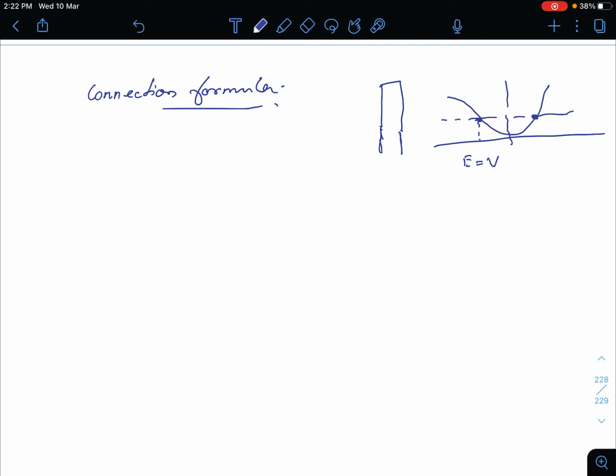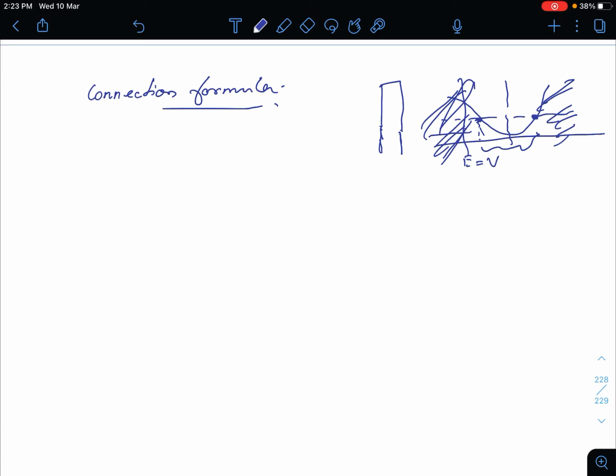That is the point where the non-classical region, this is the non-classical region. Here also this is the non-classical region and this is the classical region. So the non-classical region and classical region join together at these intersection points where E is equal to V. These are the important points.